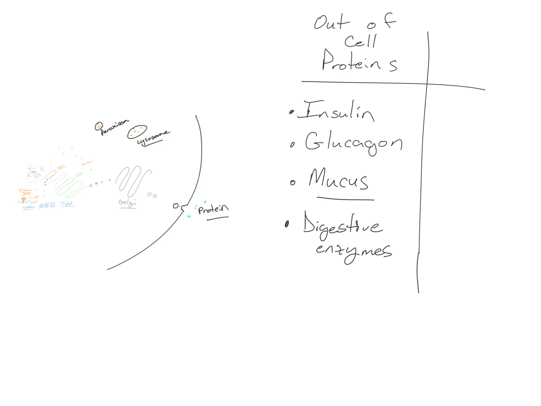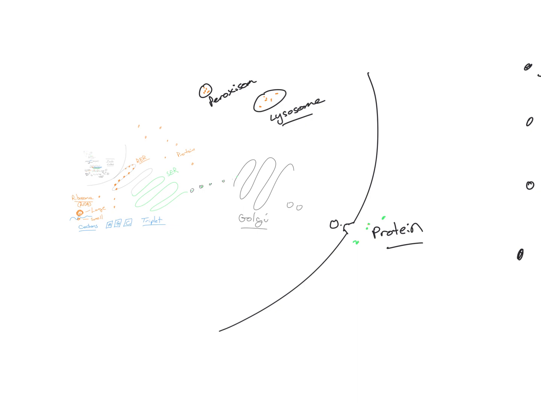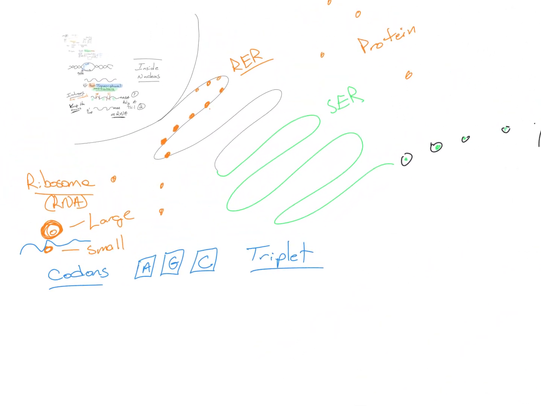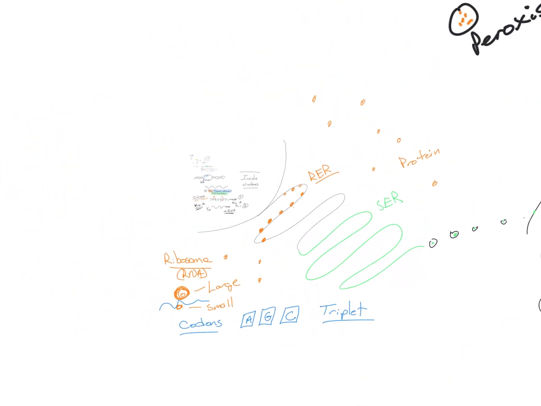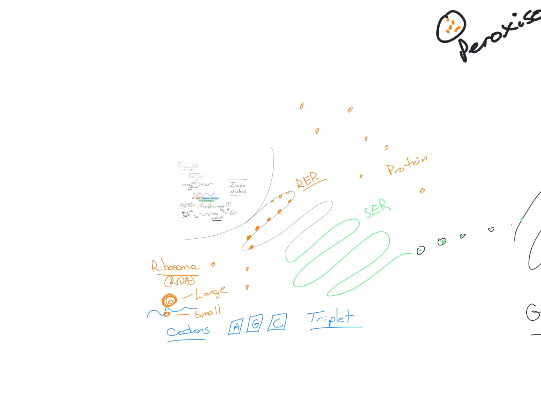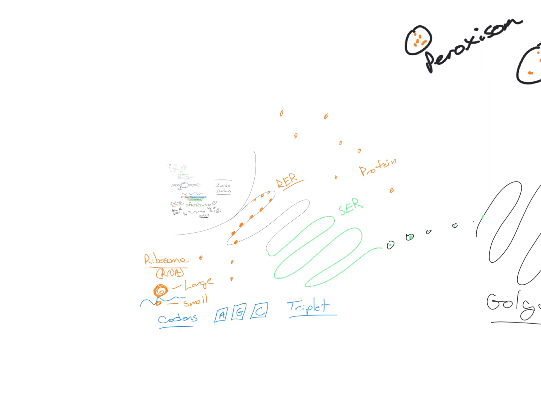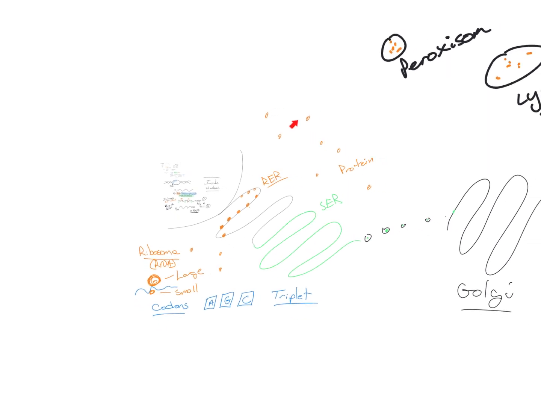Those are just a few of the examples of cells that are making proteins to leave the cell. Other proteins have to stay inside the cell. So proteins like in the cytoskeleton or that make up other structural components of the cell have to stay inside. So those are made here.